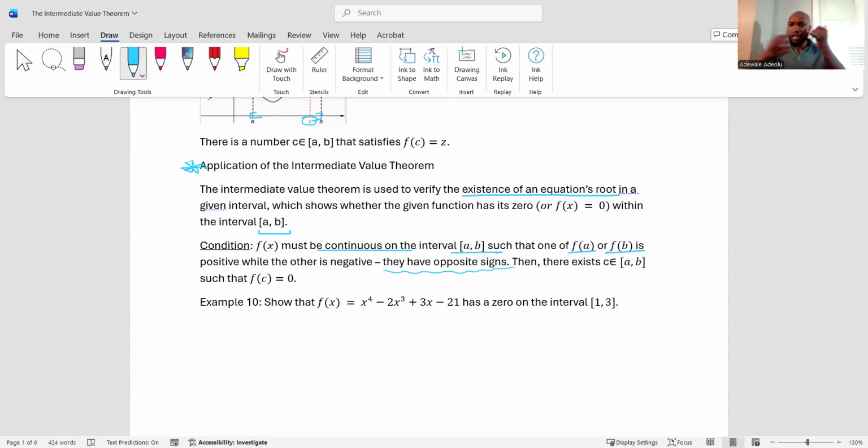Given that f of x is continuous on a closed and bounded interval, and f of a and f of b have opposite signs, then that is when we can make the claim that there exists a point c in that closed and bounded interval such that if you evaluate that function at c, it is going to be zero.